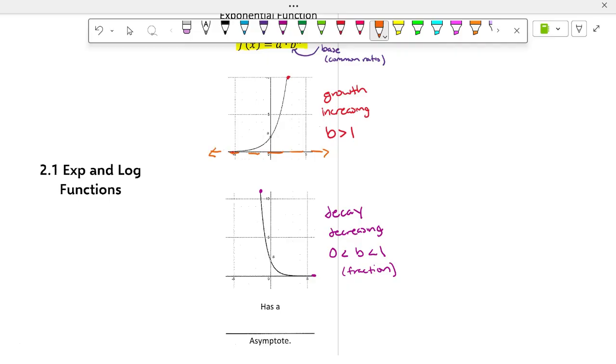So if you notice, this graph doesn't look like it's going past the x-axis. That's because it will get infinitesimally close to 0, but it will never actually cross at y equals 0. Same thing with the decreasing graphs. Has the horizontal asymptote at 0. It would get infinitesimally close to 0, but will never actually touch it.